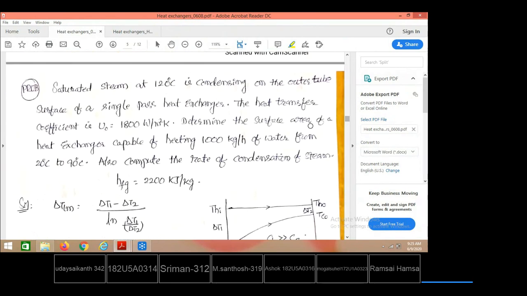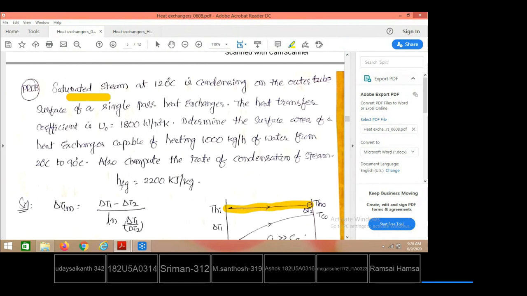Now you see, here we are working out a problem on condensers or evaporators. Saturated steam, which is basically in vapor state at 120 degrees centigrade, while starting to transfer heat to the cold medium, is condensing. Saturated steam is condensing, which means in the case of condenser the saturated steam must be at a constant temperature, a constant horizontal line.